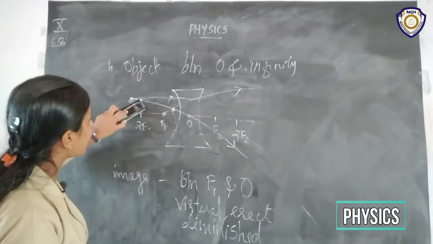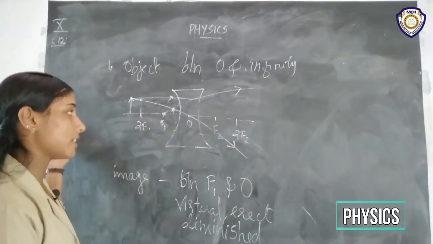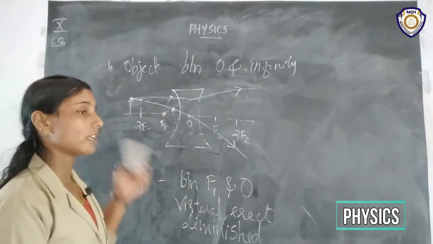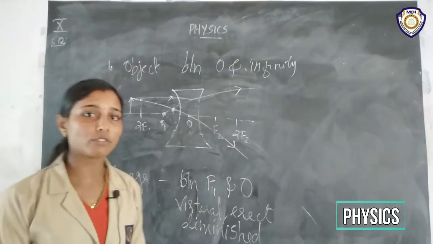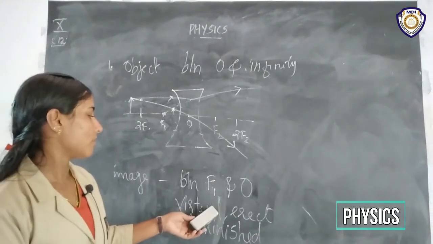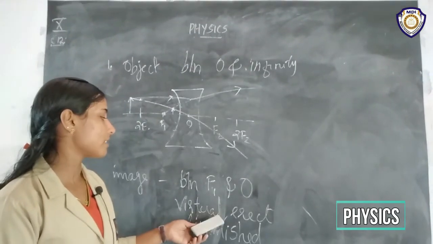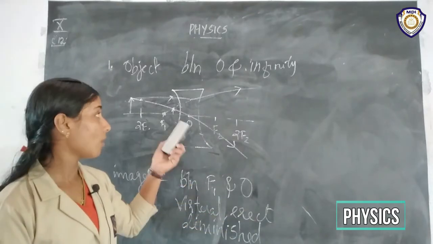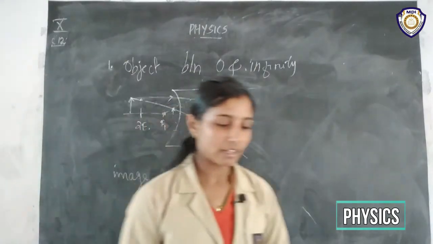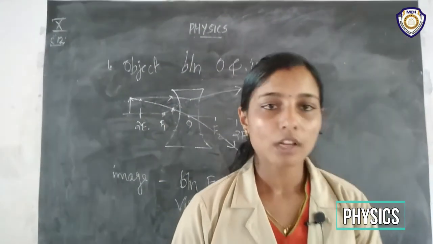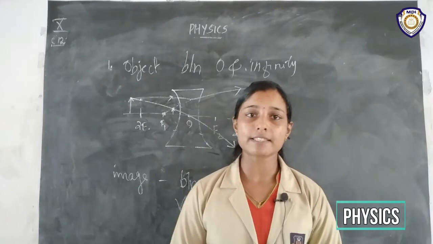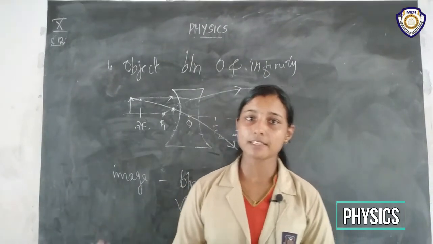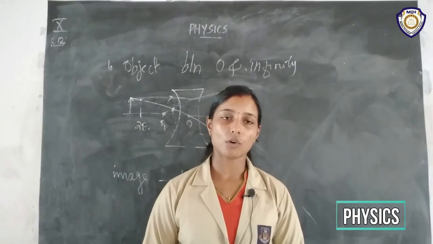So anywhere in between the optical center and infinity we place the object, the image formed will be of diminished size, virtual and erect, and it will form in between the optical center and F1, right? These characteristics are always the same when the object is placed anywhere in between O and infinity.